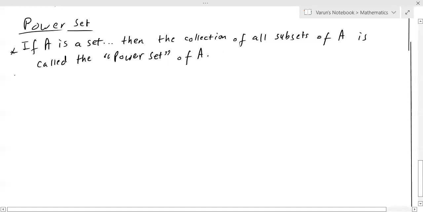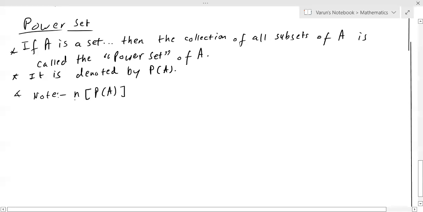It is denoted by P(A). So let us take a look at what all we can do. Note that the number of elements, which is also known as cardinality, n, is basically the number of elements in the power set.